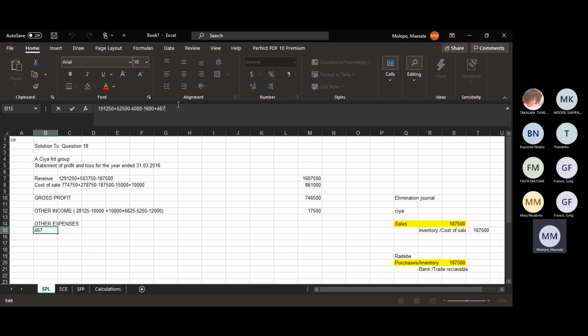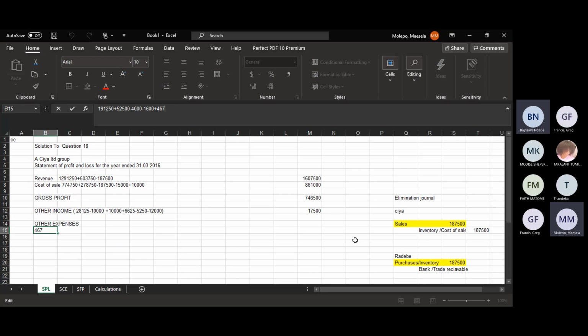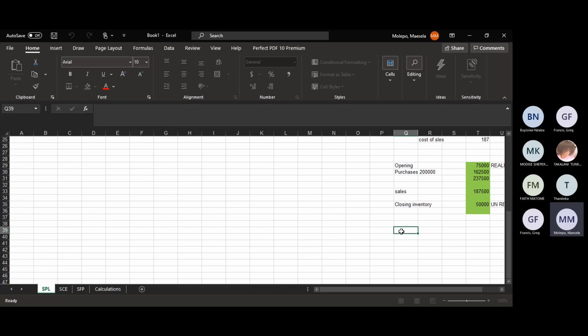So we minus the, which leads me to the calculation aside. For 87,500, we multiply by 12%.